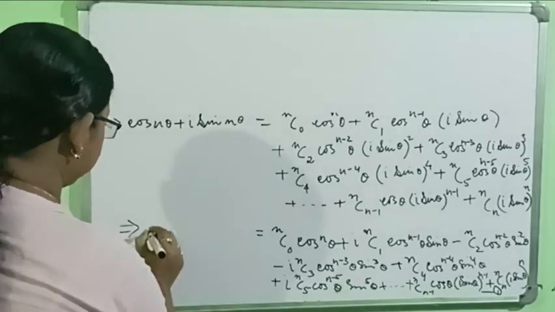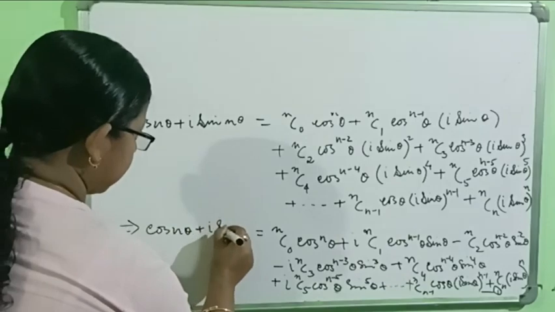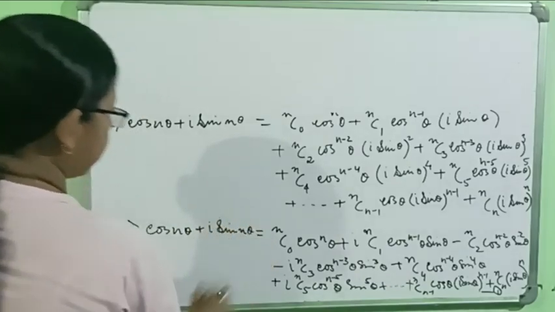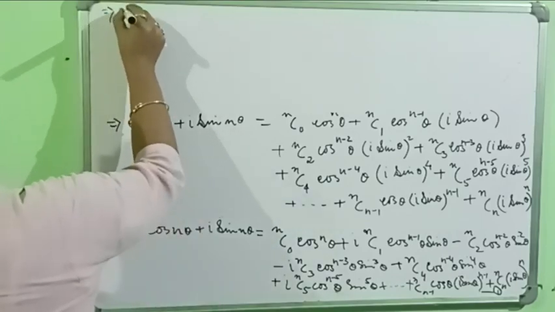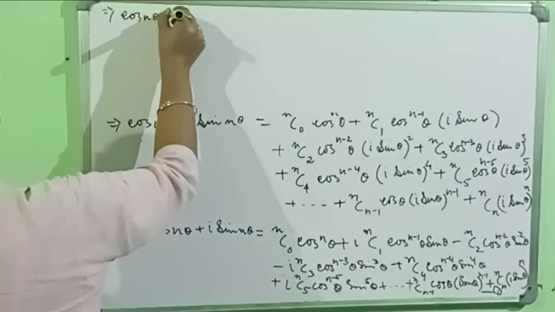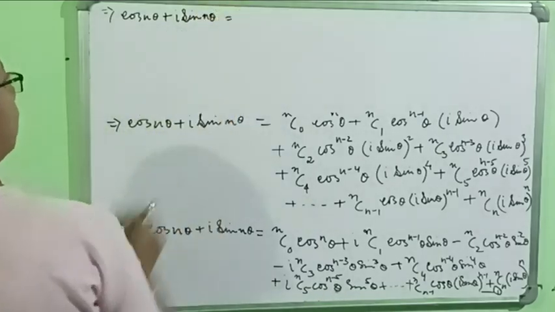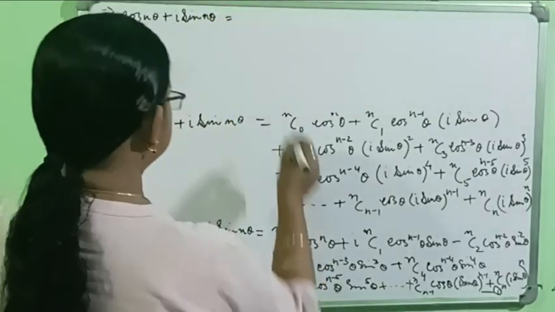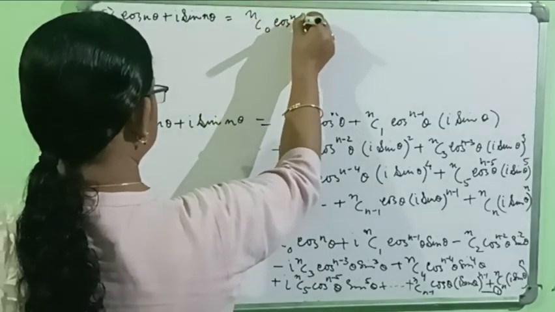I'm writing real with real: nC0 cos^n theta.